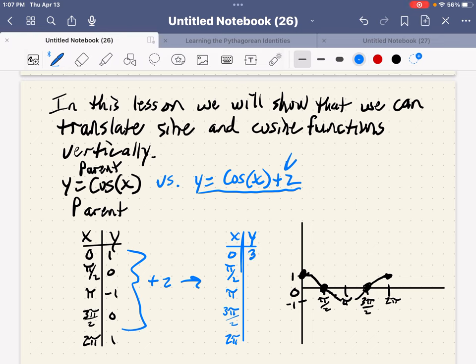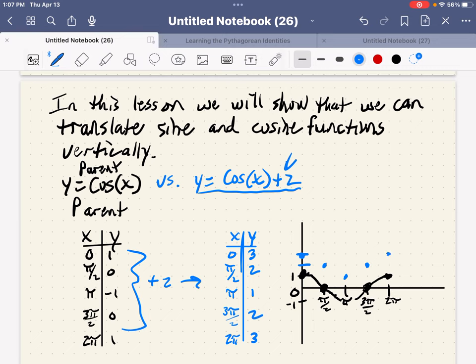So I would have a 3, a 2, a 1, and then a 2, and then a 3. So if I plot 0, 3, and then pi over 2, comma 2, and then pi, comma 1, and 3 pi over 2, comma 2, and 2 pi, comma 3.